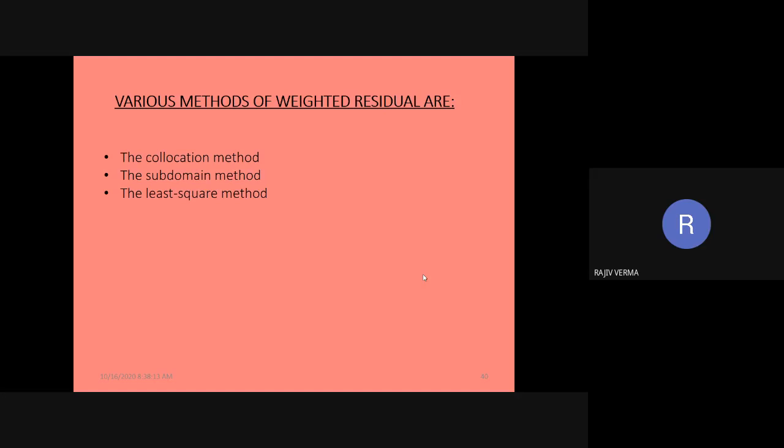In all these three methods, that is the collocation, subdomain, and the least square method, the similarity is that you always start with an assumed polynomial. आप हमेशा एक assumed polynomial या एक ट्रायल फंक्शन से स्टार्ट करते हैं.